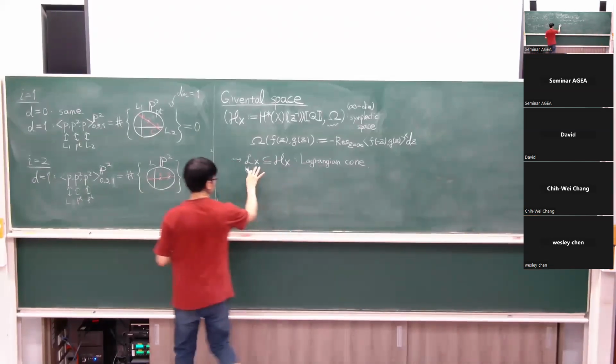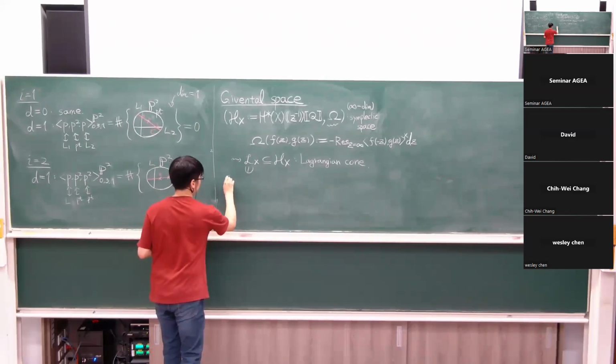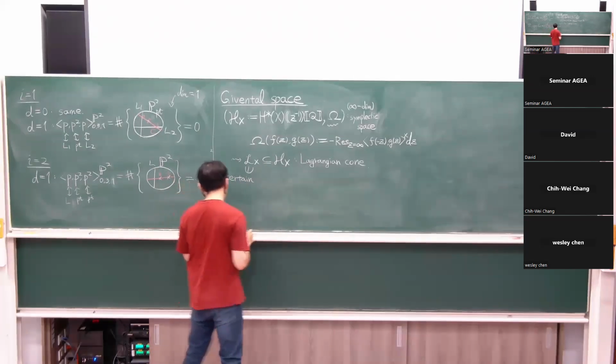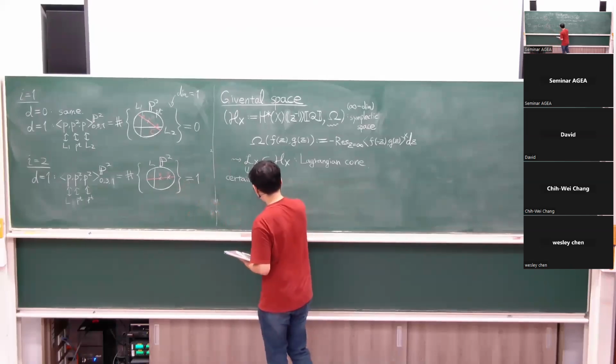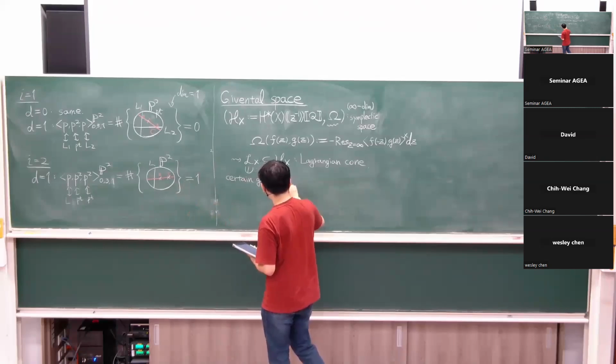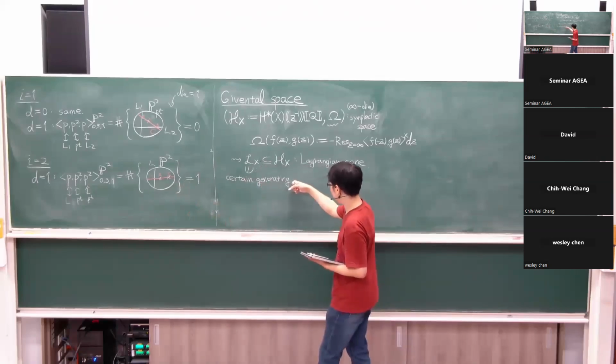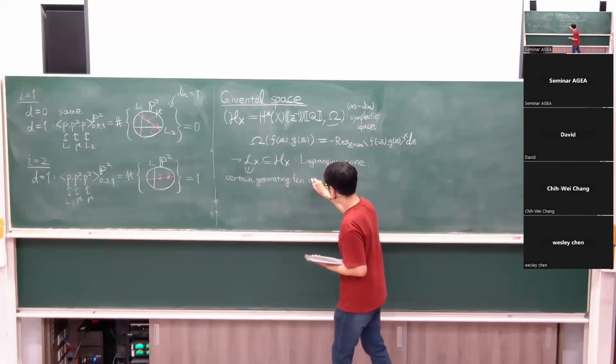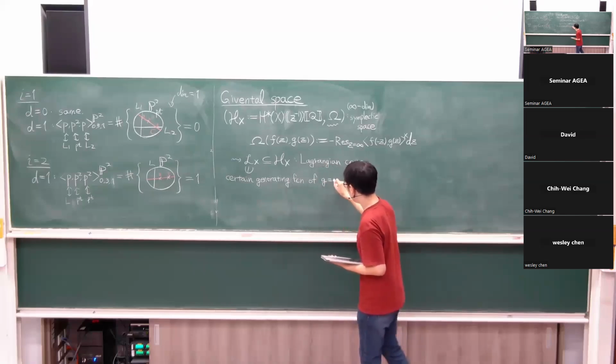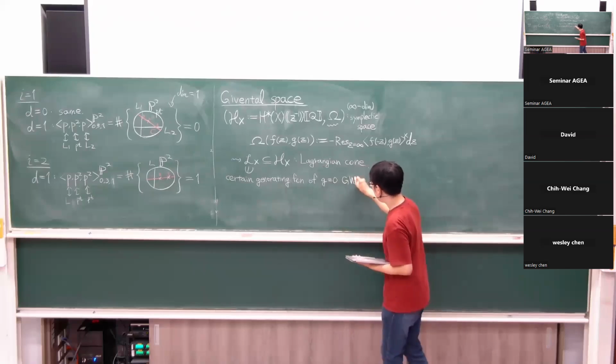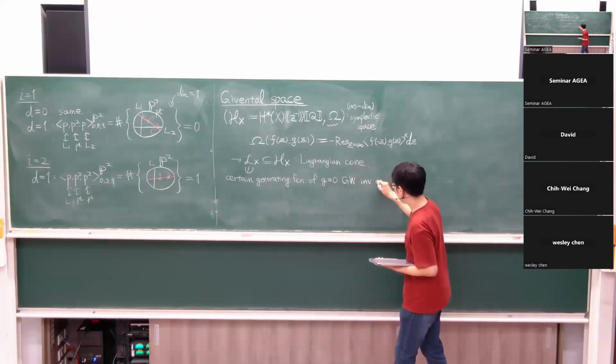The elements of L_X are some kind of generating functions. I omit the detailed explanation. They are generating functions of Gromov-Witten invariants of X.